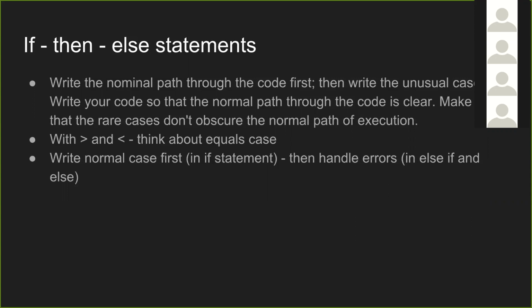If the usual case is buried down there, it's not easy to find, and our goal is to make it easy for the developer who is reading to find the stuff that he needs most of the time.